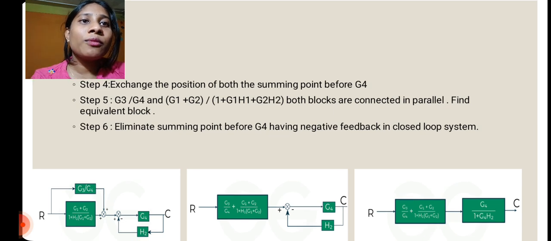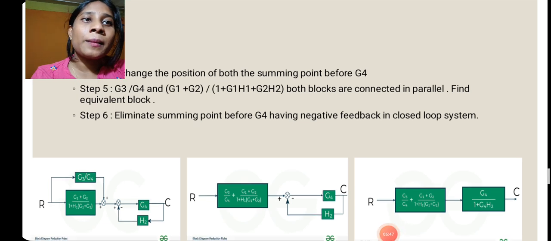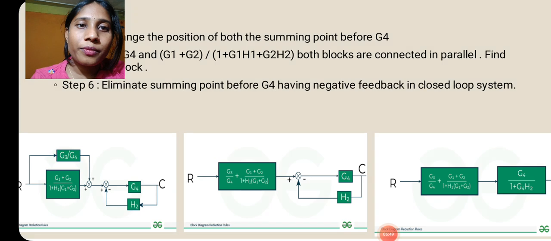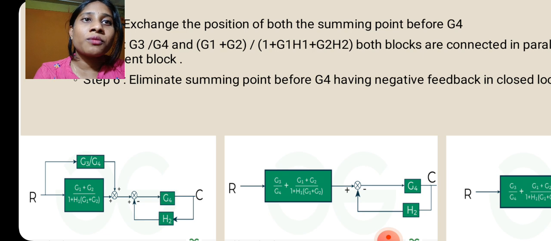Exchanging the positions of both the summing points before G4. As you can see here in this block diagram, how the exchange of the positions of both the summing points happens before G1.